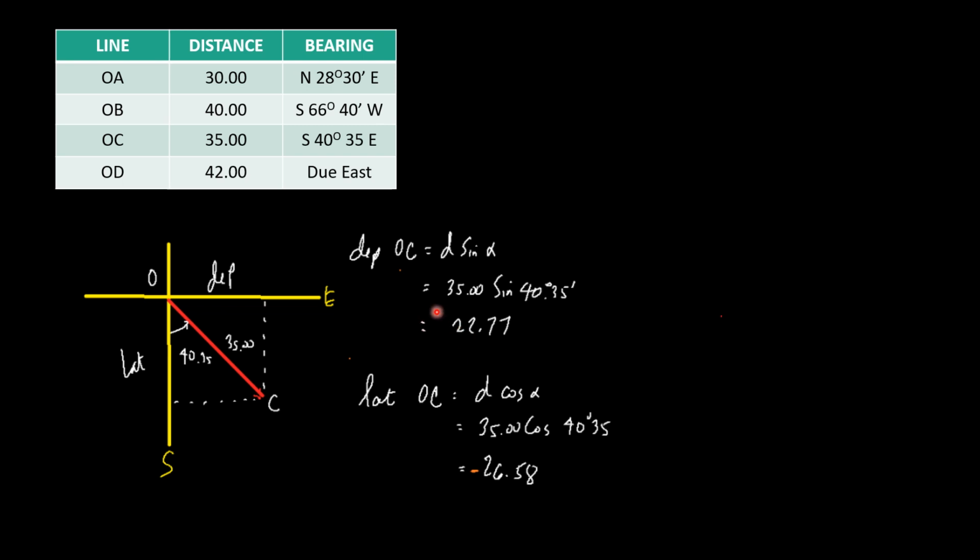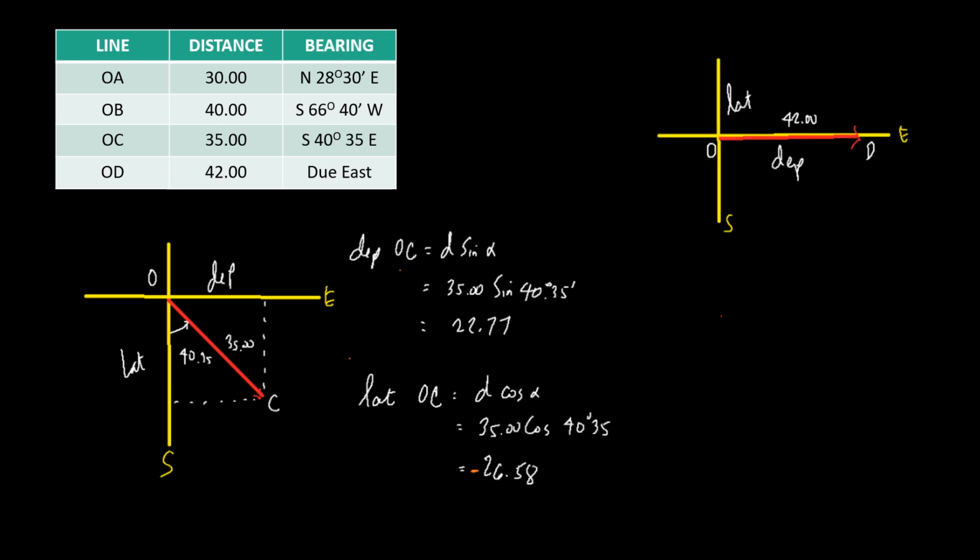The sign of the departure is positive since the line has an easterly direction. The latitude of OC is d cosine of alpha, 35 times cosine of 40 degrees 35 minutes, equal to 26.58. Since OC has a southerly direction, the sign of its latitude is negative.